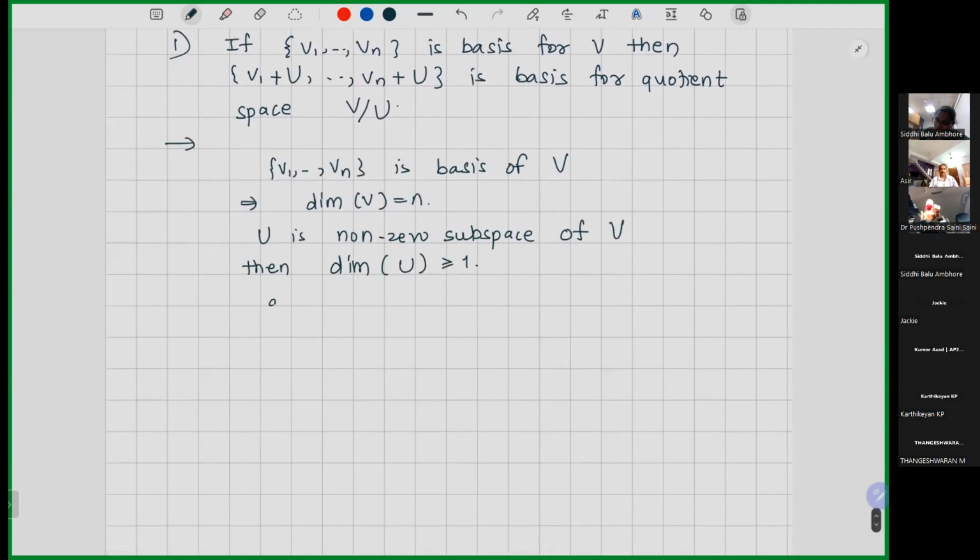And what is the dimension of V mod U? It is dimension of V minus dimension of U, right? And so this is what? n minus dimension of U, which is something a, such that this a is greater than or equal to 1. So this is strictly less than n, right?